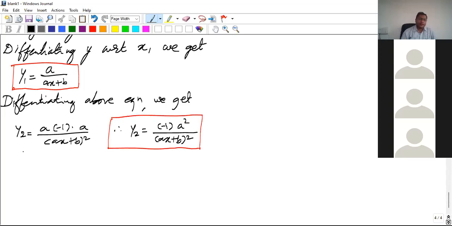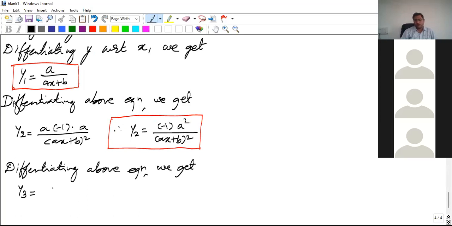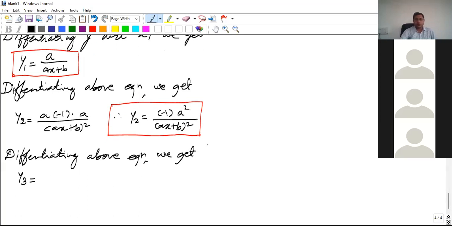Now again differentiate this. Differentiating this equation, we get y3 is equal to... So think of this derivative.